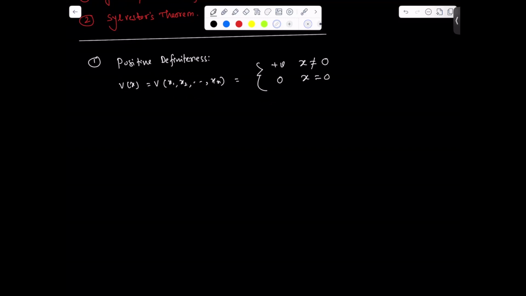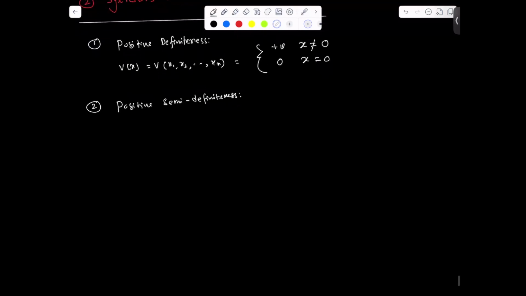The second part is positive semi-definiteness. Here, V of x will be positive in the state space for any value of x except one or more points in the state space, including the origin x equal to 0, where V of x will be 0.